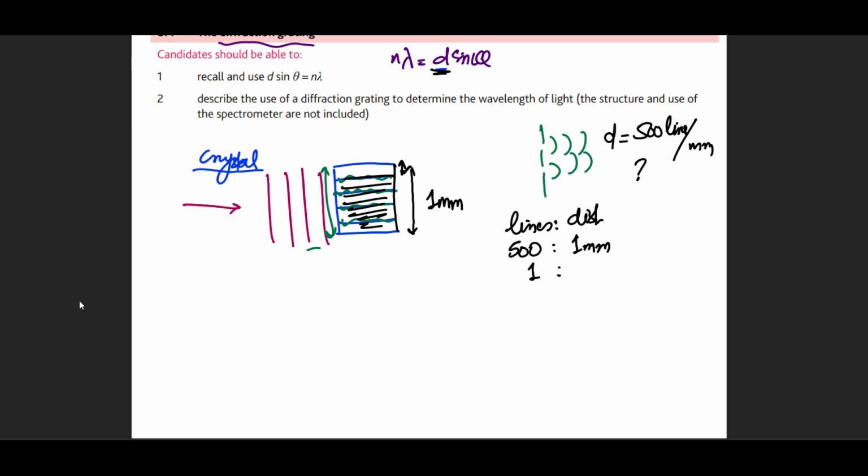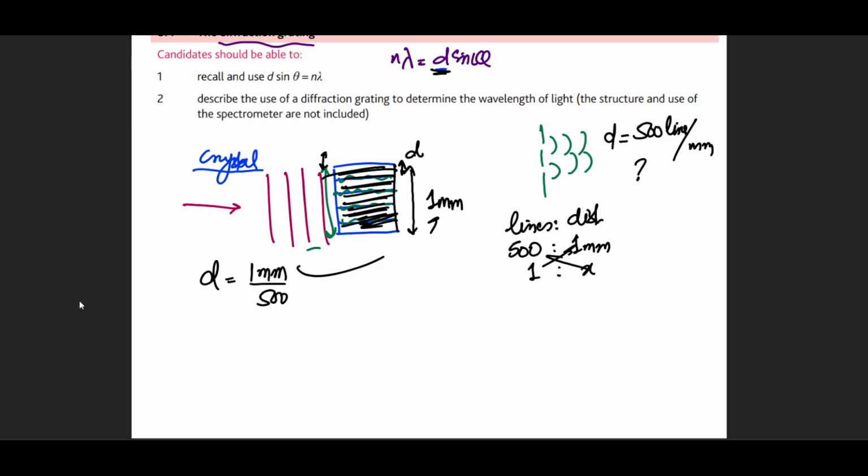When you figure this out by cross multiplication, you will end up with the small d, which is between two lines, being 1 millimeter divided into 500 spaces. So 1 millimeter cut into 500 different levels, you will find out the space between them. This is going to be d.